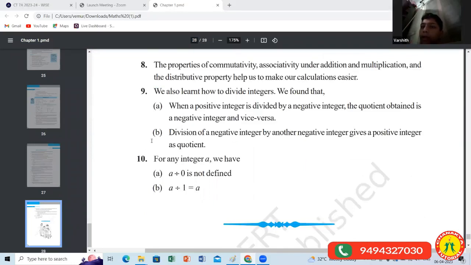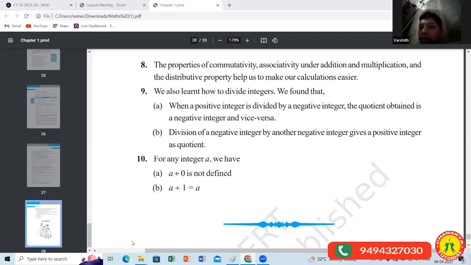The properties of commutative, associative under addition and multiplication, and the distributive property help us to make our calculation easier. Ninth point, we also learn how to divide integers. We found that when a positive integer is divided by a negative integer, the quotient obtained is a negative integer and vice versa.